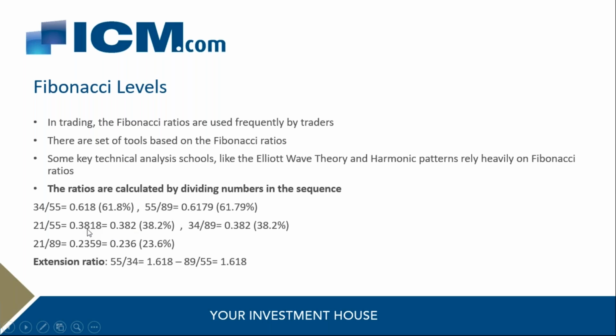In the same way, 23%, 38.2%, and 61% are all derived from the sequence of the Fibonacci numbers, divided based on the following numbers, which gives the result of the ratio. The important thing to note is that Fibonacci gives different types of indications in the markets, in different categories.